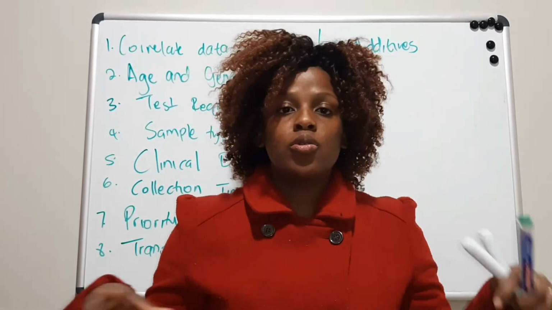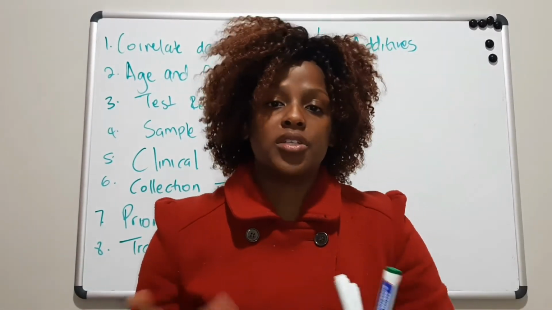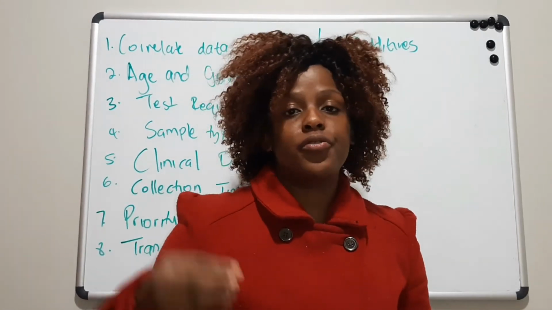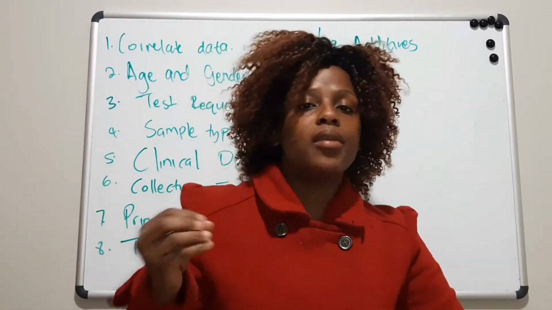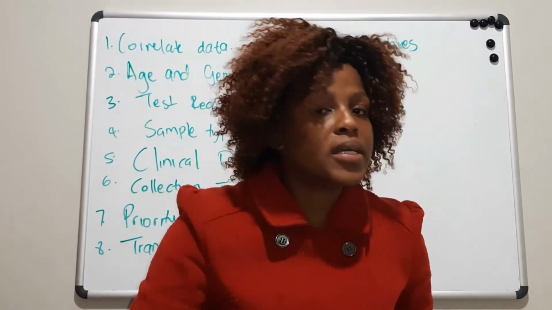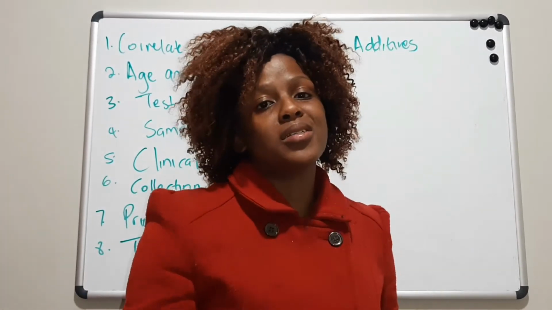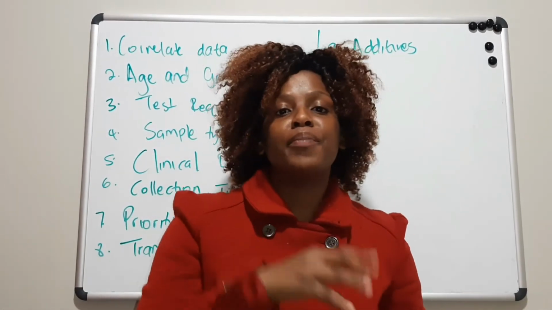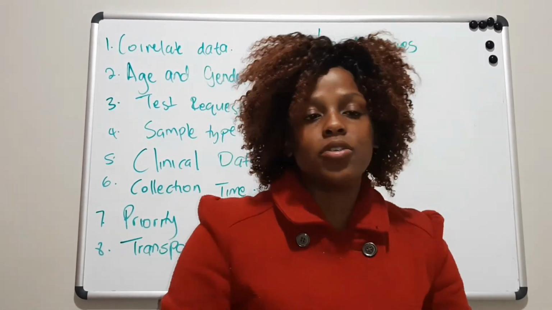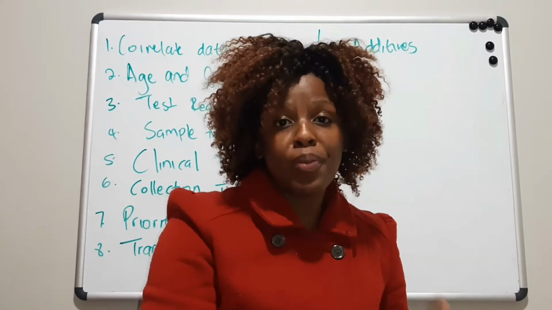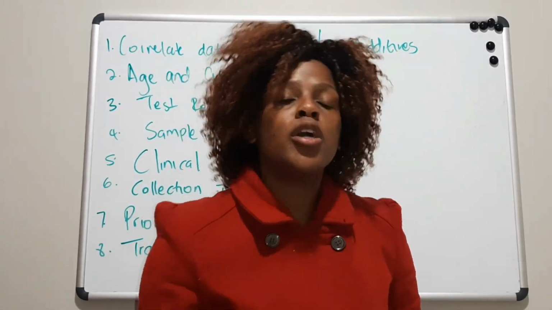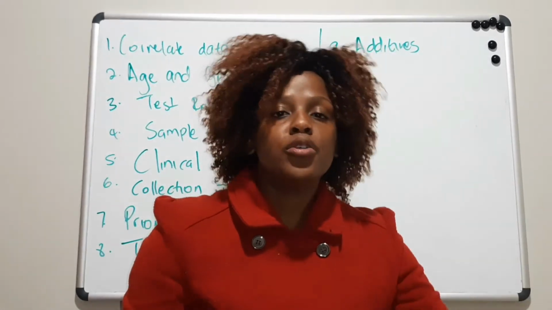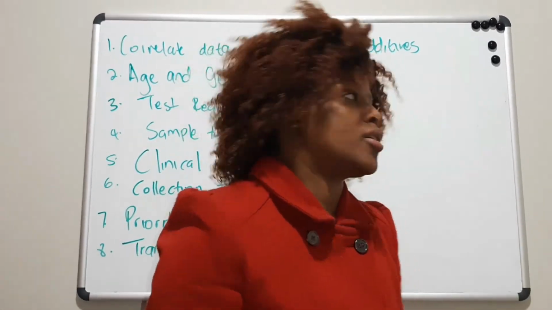That also needs to be taken into consideration, because with some tests, once you centrifuge the sample, you can never use it as whole blood, because the result will be affected, and then a recollection needs to take place. So you need to know from the beginning so that you don't make that mistake. This one has to be whole blood because of the test that is requested, so I must put it aside, and the ones that need to be centrifuged, you put them aside and then you centrifuge them.